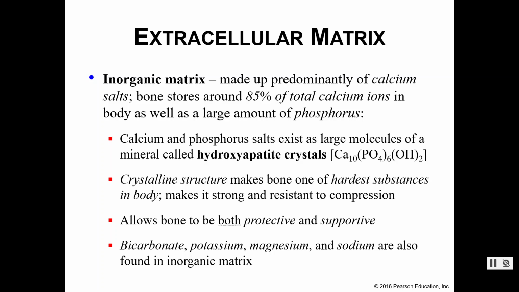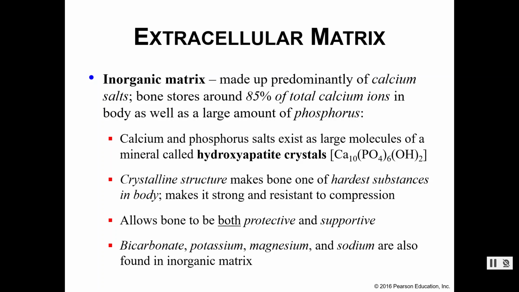Now, we hear about calcium a lot, and you will continue to hear about calcium a lot. It's used in a lot of different processes in the body. Phosphorus, however, we don't talk a whole lot about phosphorus, but we use phosphorus all the time, that we're making DNA, RNA, ATP, all of those have phosphorus groups in them.